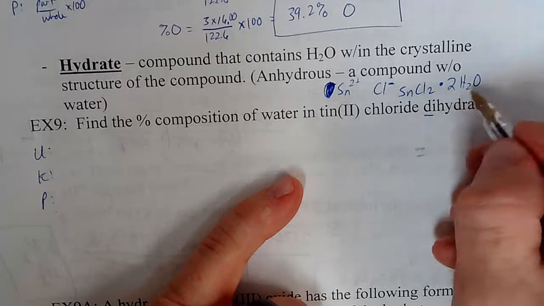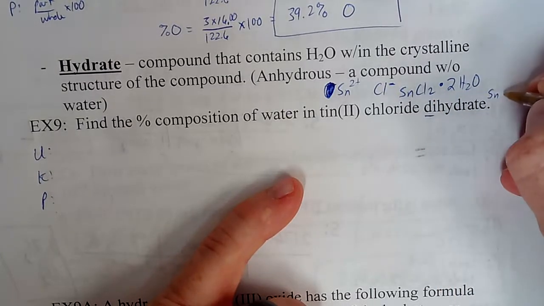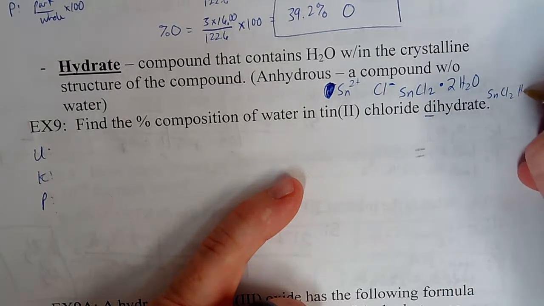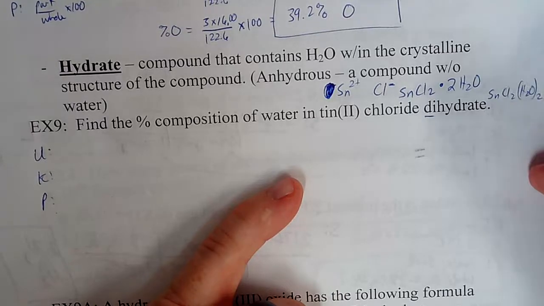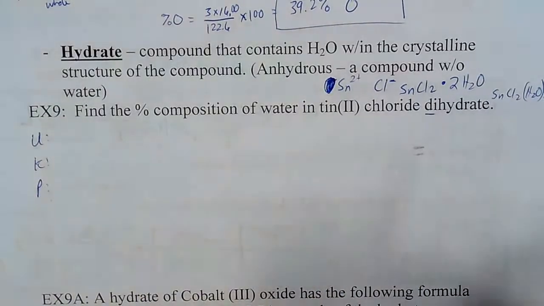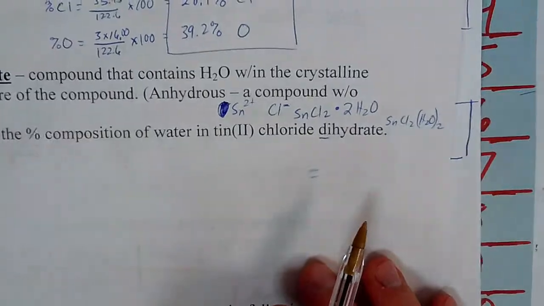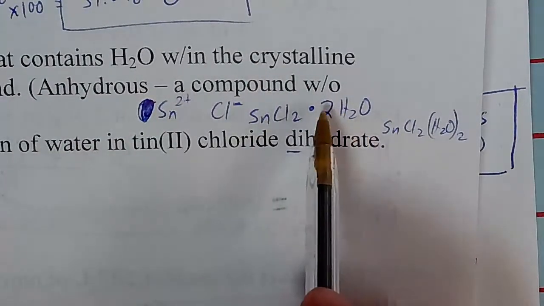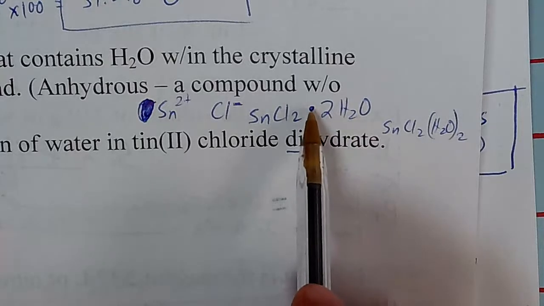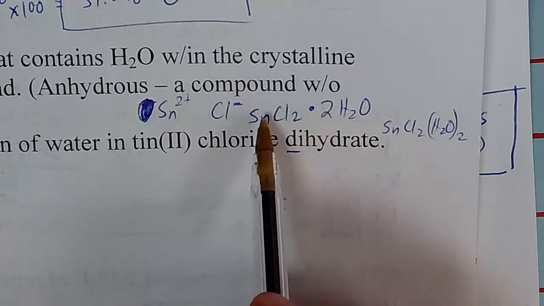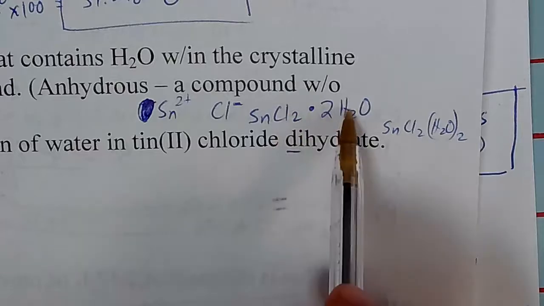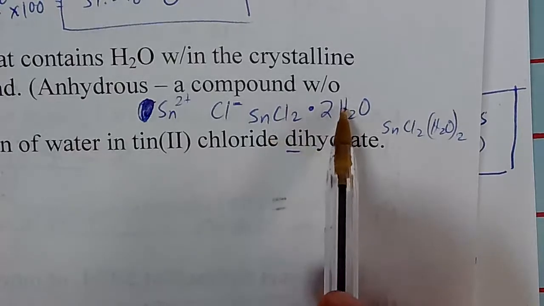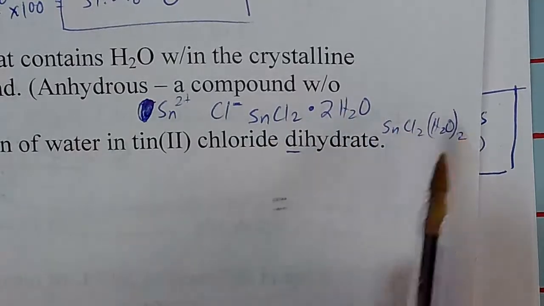And remember, you can write it this way or you can write it this way. Just do whichever one is less confusing to you. Okay, so SnCl2 times 2H2O. By the way, that doesn't mean you multiply anything. That's just a way of showing the separation between the water and the compound, or you can show it this way.